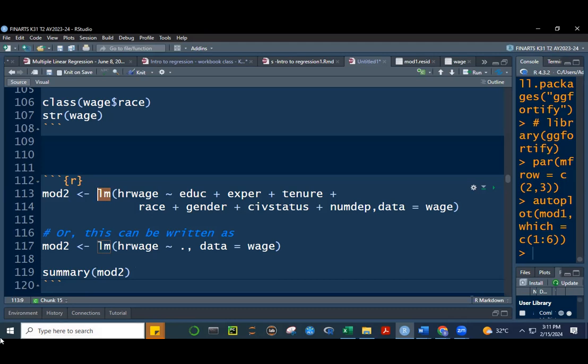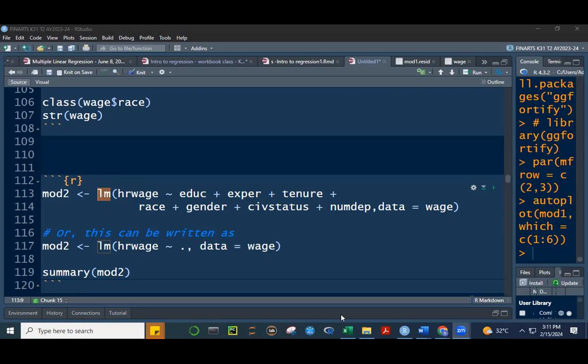Okay, waiting for your response, class. What happened when you ran the LM model 2? Okay, thank you. So kay Fe, kay Pauline, sabi niya, there's an object in the data and contains a list of 13. How about the others?